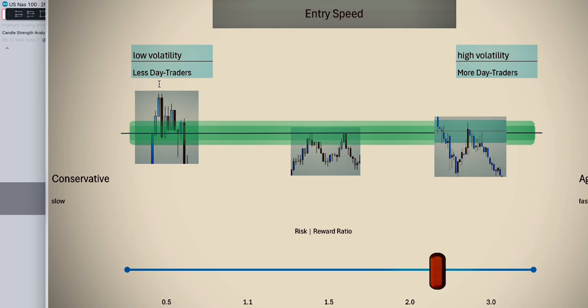If there's low volatility, there are likely fewer day traders, and the price is probably not adhering to the key levels as much. So I need to be conservative rather than aggressive, and that's where I'd move my risk reward ratio to 0.5 to 1, or maybe 1 to 1. So I could potentially lose more trades, but be in profit basically.